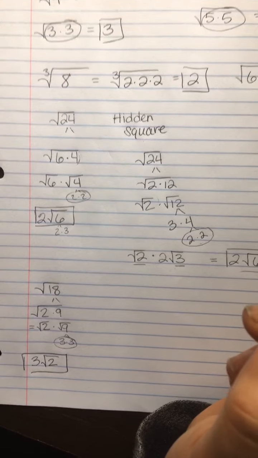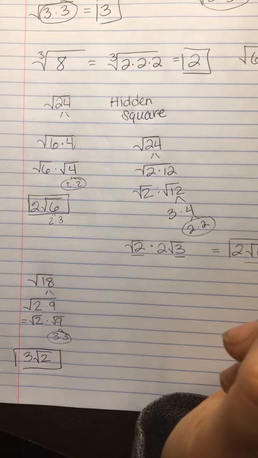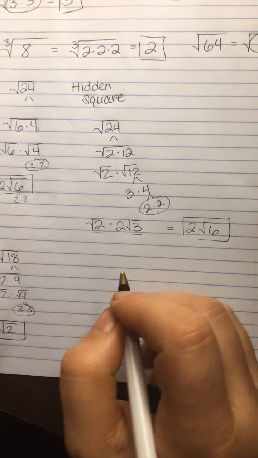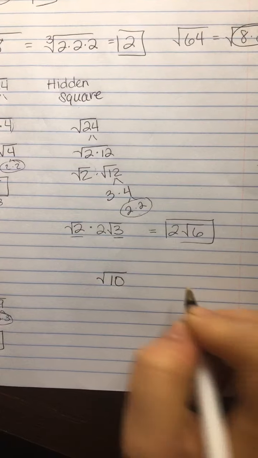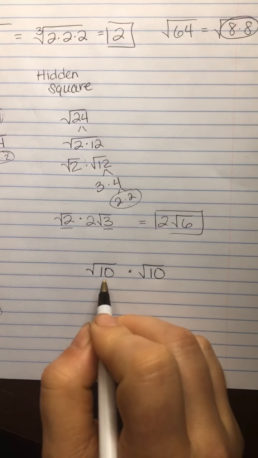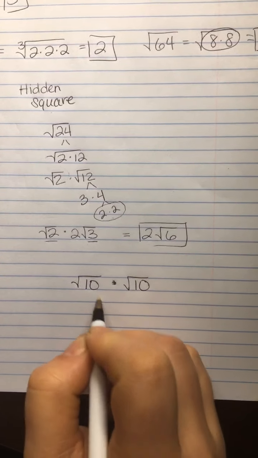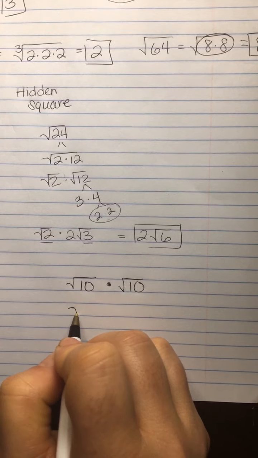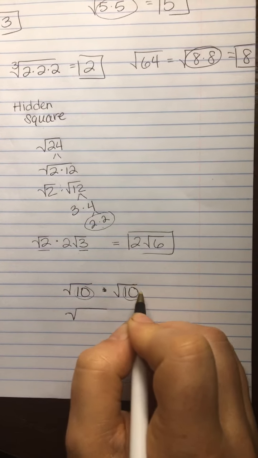And just to be very, very clear, here's a really quick trick I'm going to show you. Let's say you have the square root of 10 times the square root of 10. Here's a rule. When you are multiplying radicals, you're just going to multiply 10 times 10.